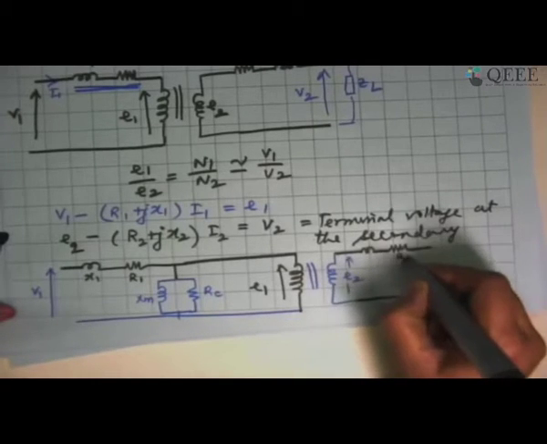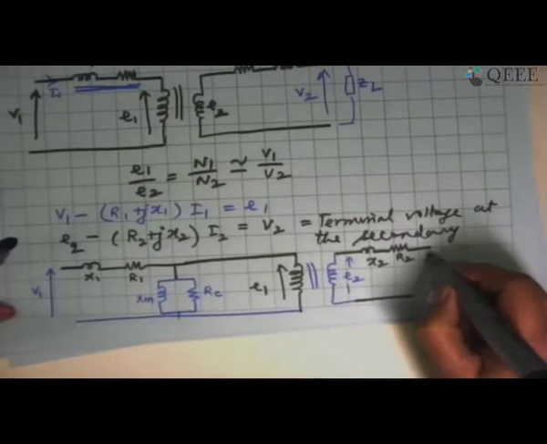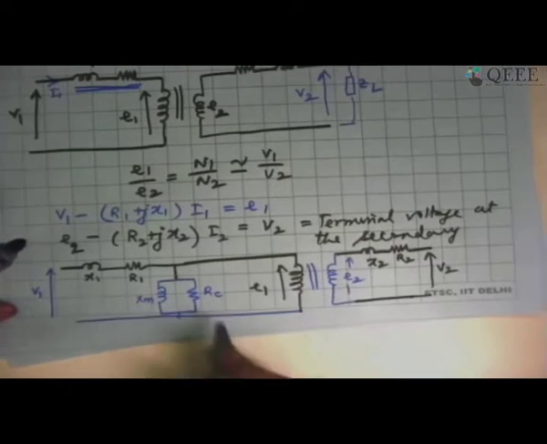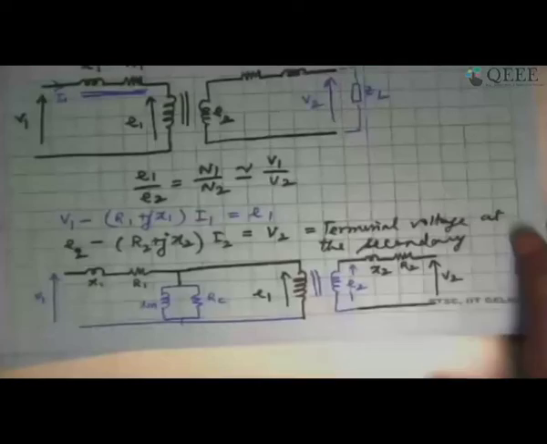So I can call this as R2, this is X2, and what is available here is V2, which will be connected to the load. So this gives me the overall equivalent circuit of the transformer on the whole, if I am looking at both the no load condition as well as the loaded condition.